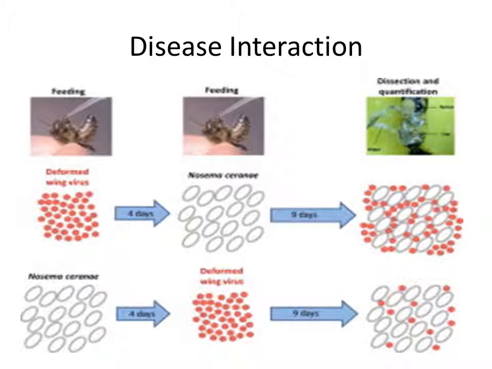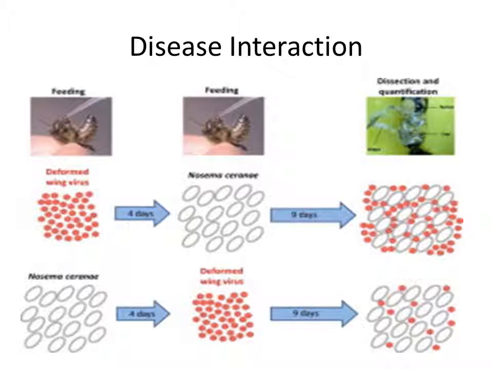So scientists investigating these two diseases first introduced deformed wing virus to bees, waited, let it incubate for a few days, and then introduced Nosema. And 9 days later, they found that there wasn't any significant interaction between the two diseases, and both grew relatively easily.